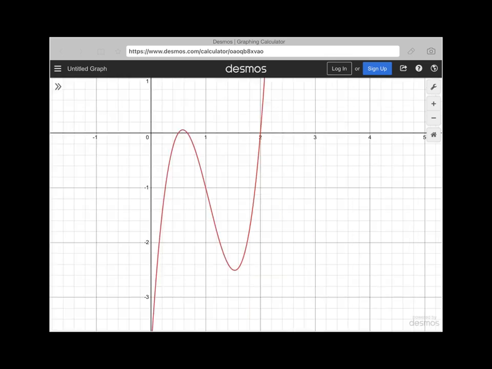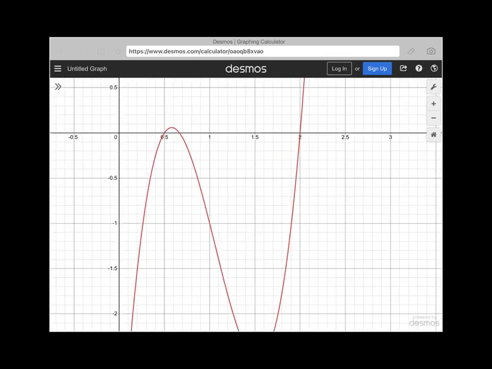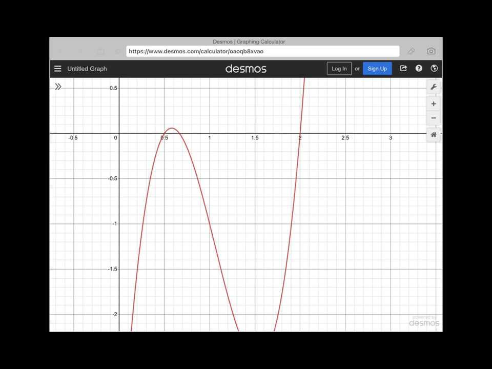Well, if I zoom in, we can see that at 2, meaning when x is equal to 2, it touches the x-axis. That tells us it is a factor. Sometimes it's called a root, or a 0 of that polynomial. Now, if I look at the other two places where this touches the x-axis, I have two more. They're not whole numbers, but they still are zeros.